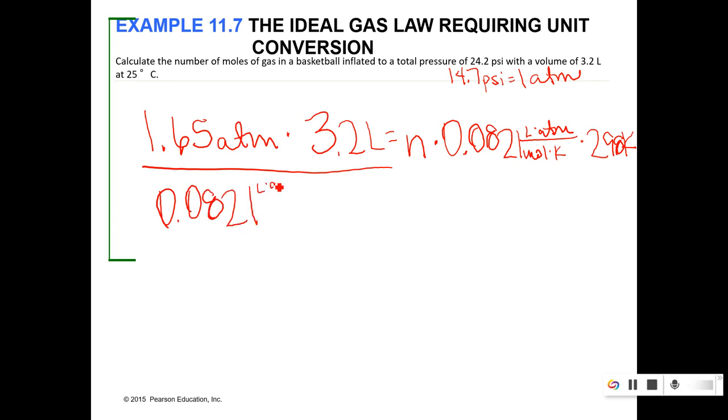So you're going to need to put that side in parentheses for the bottom. That way you know how to do it.